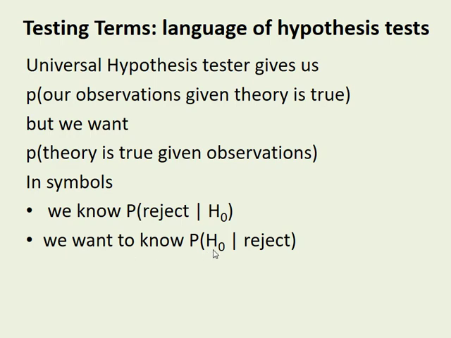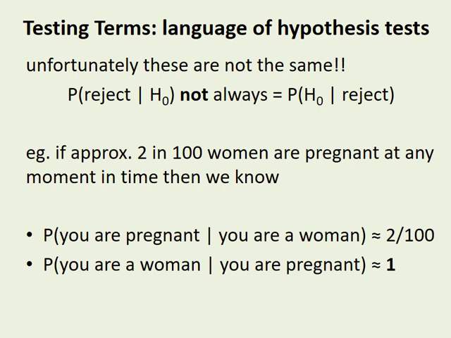Flipping these things round, unfortunately, is not easy to do. These two things are not the same, and they're often very different. The probability of a reject result given that the hypothesis is true, which is alpha, is not always the same as the probability that H0 is true given that you got that reject result. You can't just swap the things round.